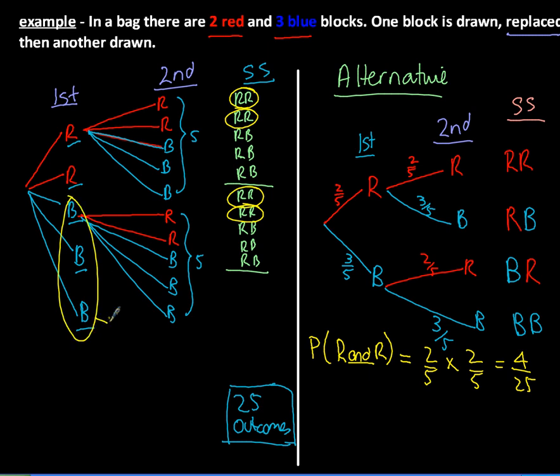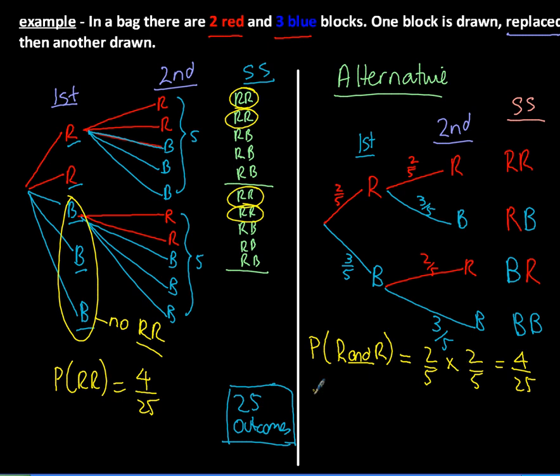So down here, there's no RR. So we have 1, 2, 3, 4. So if we count it over here, probability of getting a red and a red, 4 outcomes out of the 25. But of course, a bit tedious. Coming back over here, we've got a lot nicer tree diagram, and certainly we can use these rules that we've got. So let's have a look at another one.